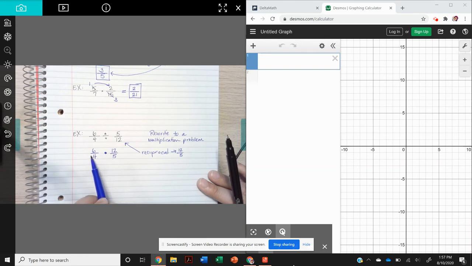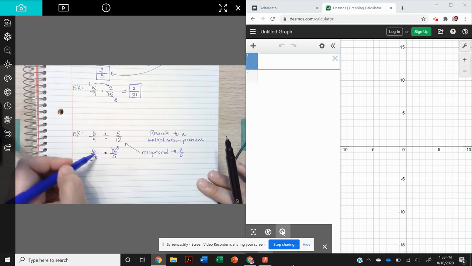So that's going to get rid of this whole 4 and make it a 1. So I'm going to cross out the 12. When I divide it by 4, I get 3. When I divide by 4, I get 1. I wouldn't have gotten that if I had divided 6 and 4 by 2. I would have had to do another step. So I was trying to do some forward thinking.